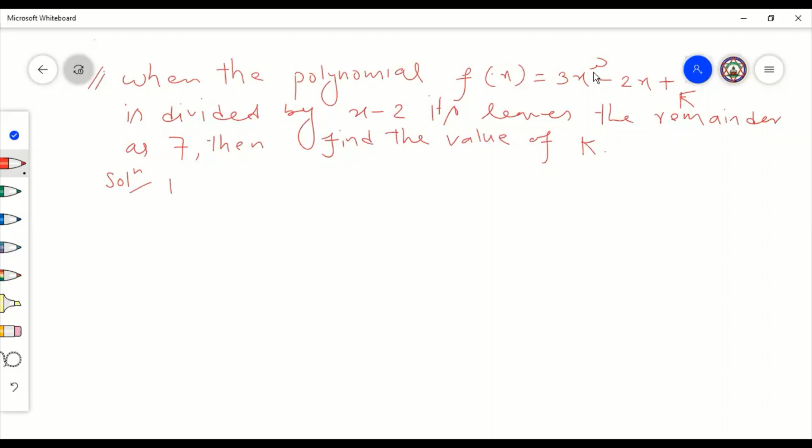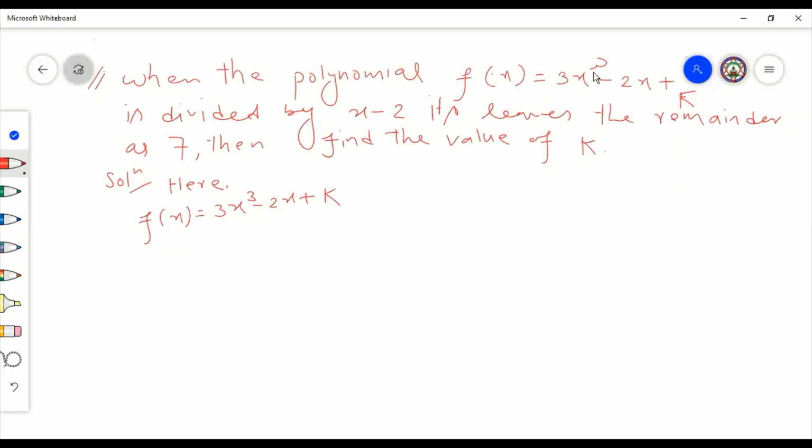Solution. Here we are given the polynomial f(x) equals 3x cube minus 2x plus k. You are also given the divisor x minus 2.